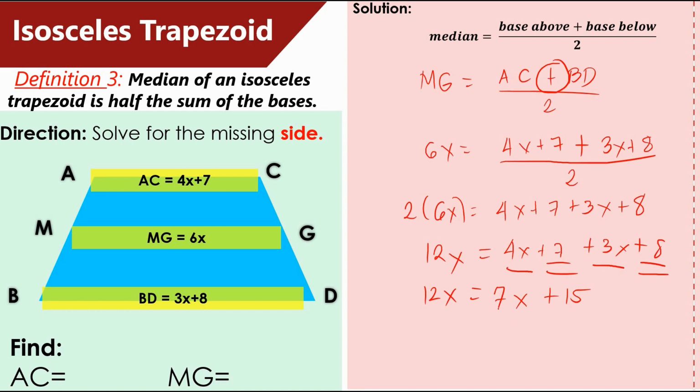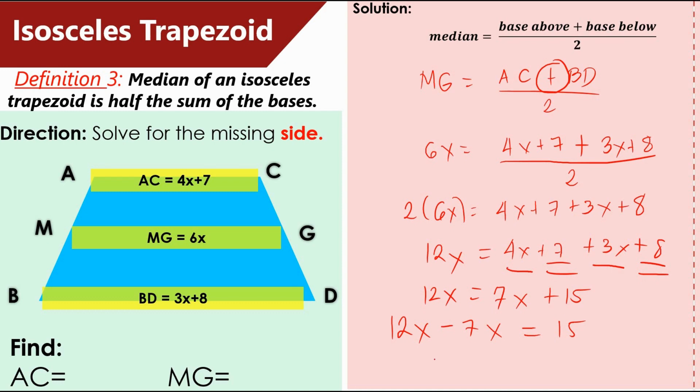Between 12x and 7x, 7x has the lower value, so 7x will be transposed to the other side. 12x will not be transposed. 7x from positive will become negative 7x, is equal to, copy this one, positive 15. Notice that 15 didn't change its sign because it was not moved.